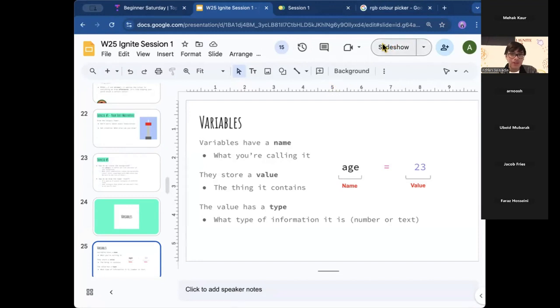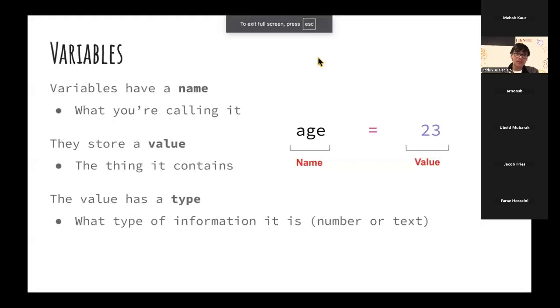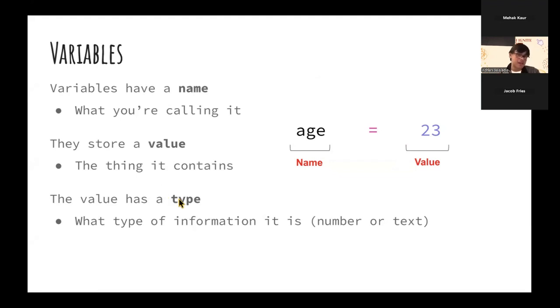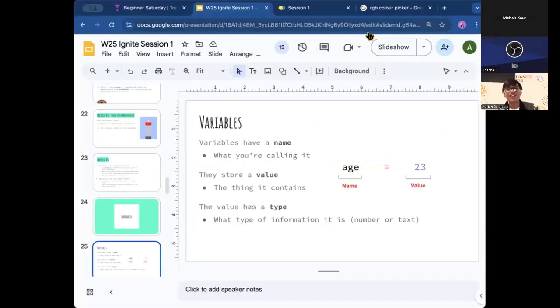A variable could just be my age. Age equals some value. Each variable has a name, it has a value, the thing that it contains, and it has a type. So can anyone tell me what type age is? It's an integer. Yeah, it's an integer.